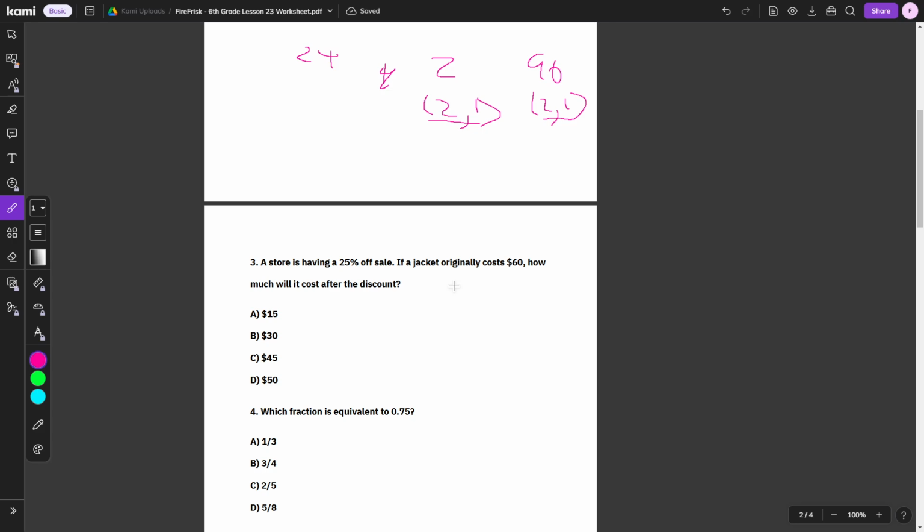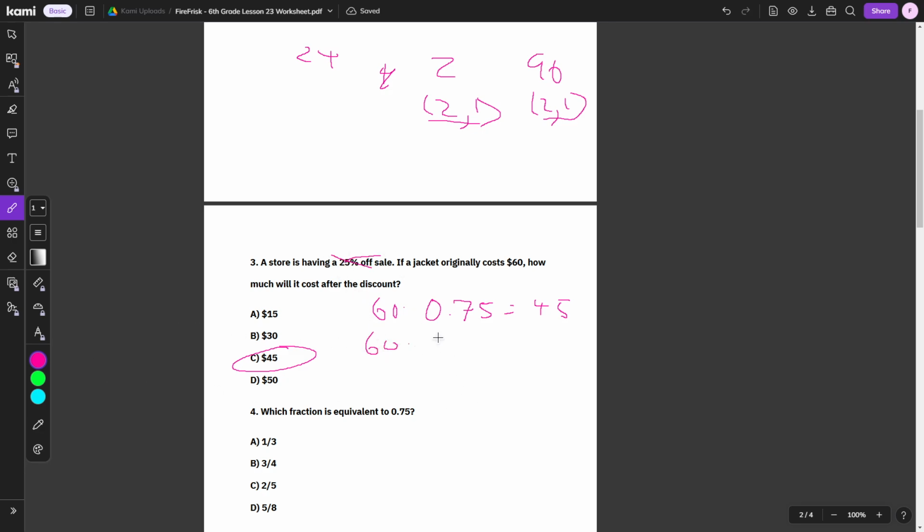Question number 3. The store is having a 25% off sale. If a jacket originally cost $60, how much will it cost after the discount? Wow, math. I love math. Okay, let's cover how I did that. Imagine that the jacket cost $60.